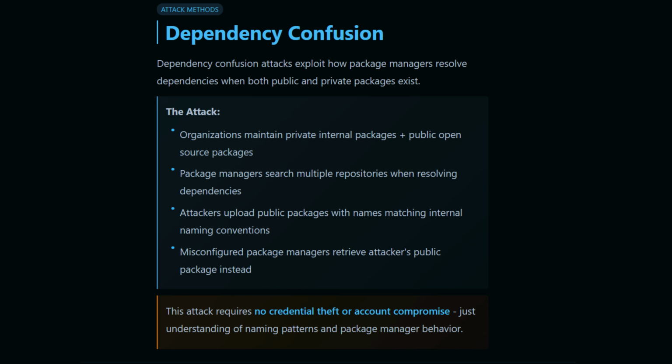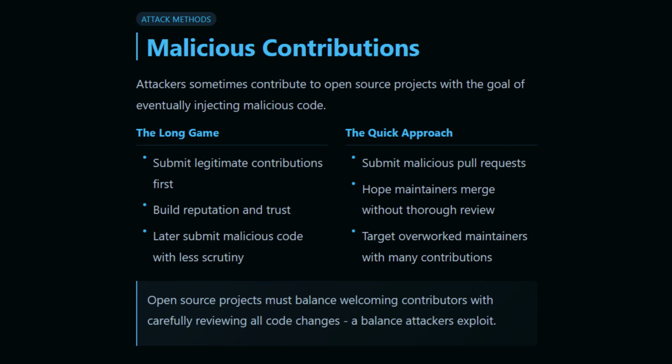It creates an opportunity for an attack that requires no credential theft or account compromise, just simply understanding naming patterns and package manager behavior. Attackers sometimes contribute to open source projects with the goal of eventually injecting malicious code. Open source projects depend on community contributions, but must balance welcoming contributors with carefully reviewing all code changes, a balance that attackers exploit.